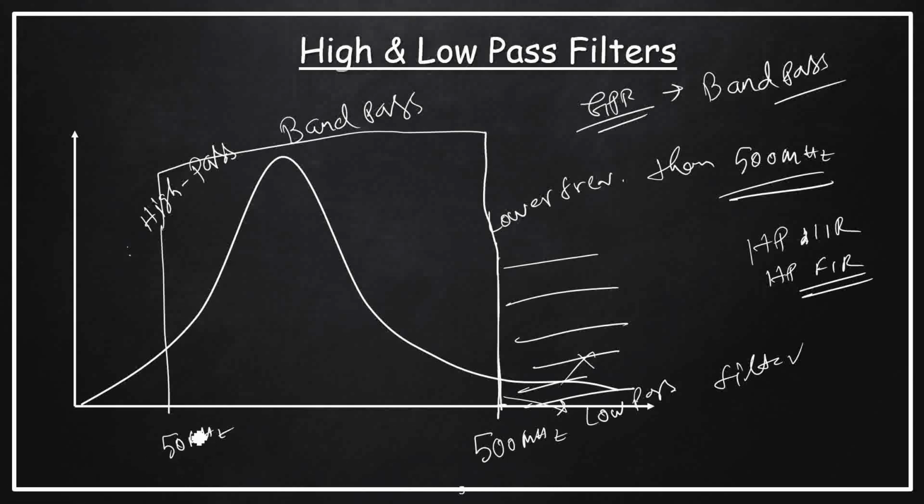So for a 200 megahertz monostatic antenna, this is 200 megahertz, this is the fc. The 50 megahertz will be the high pass filter, and 500 megahertz or 600 megahertz will be the low pass filter. It will substantially improve your quality of the image.